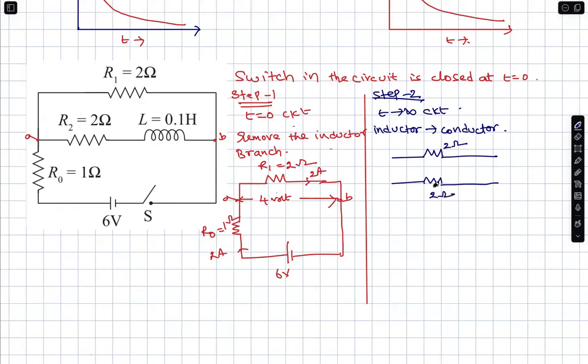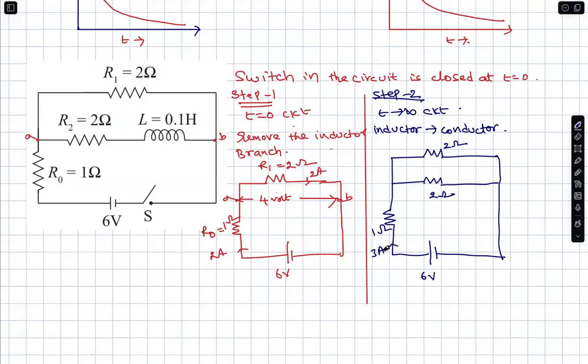This is 2 ohms. This is 1 ohm. 2 ohm parallel 1 ohm, 1 ohm series. 6 volts.